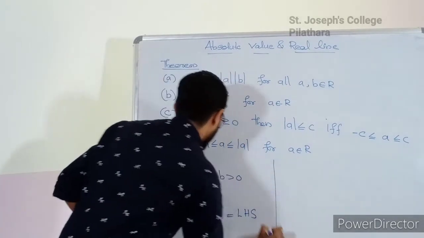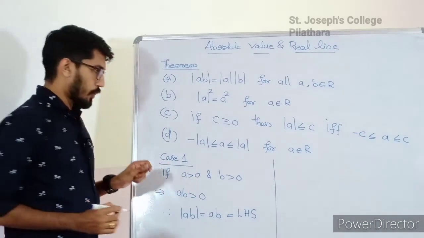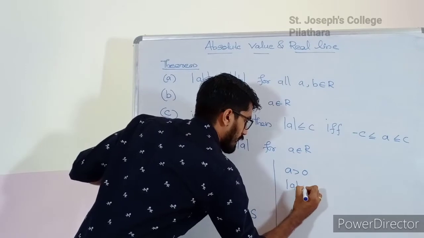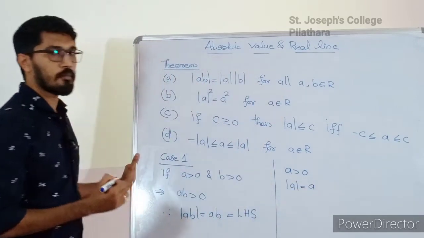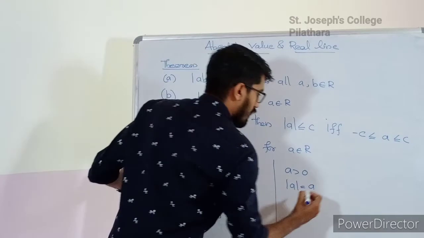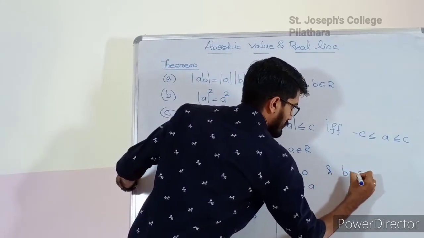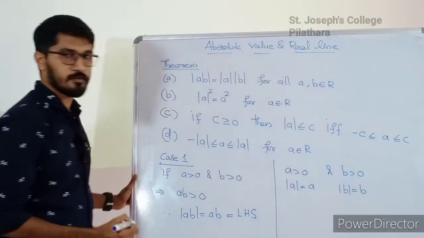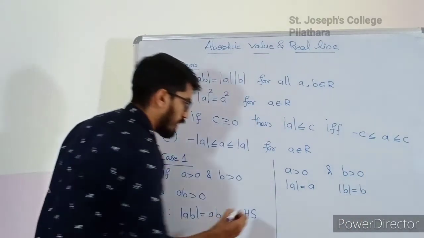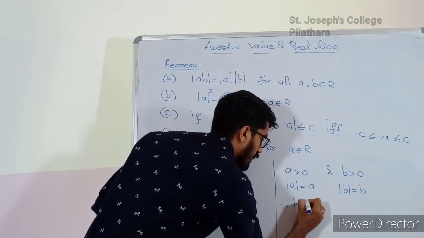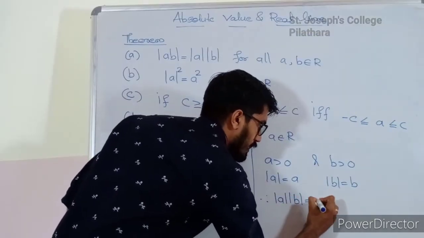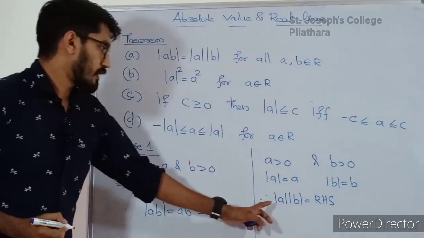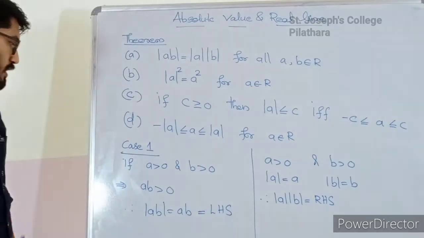Okay. A greater than 0 implies modulus of A is equal to A, and B greater than 0 implies modulus of B is equal to B. Therefore, modulus of A into modulus of B is equal to RHS.